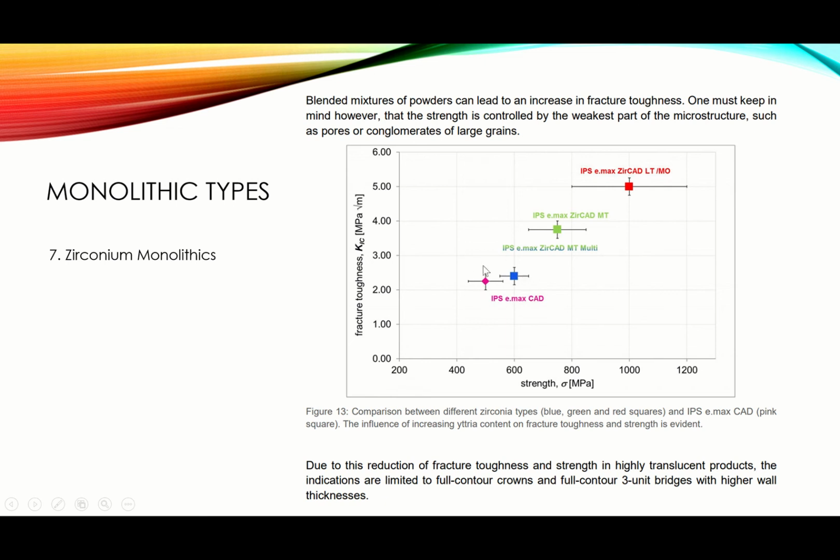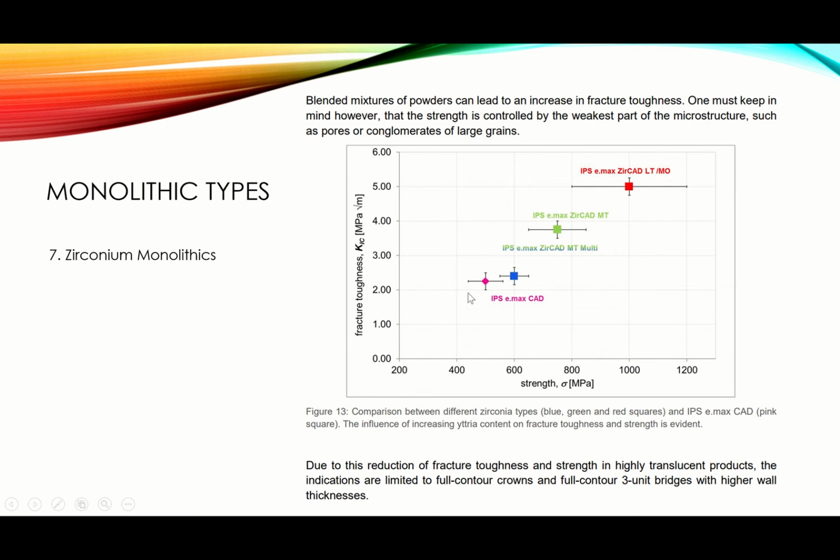There is 100 megapascal of strength difference, initial strength, because there is aging for zirconia, and there is low temperature degradation. There are all kinds of aspects that we will discuss, and there are benefits of cementation when it comes to lithium disilicate, which gives strength, and lithium disilicate does not have LTD, low temperature degradation. So there are differences. But initially, they're very close by.